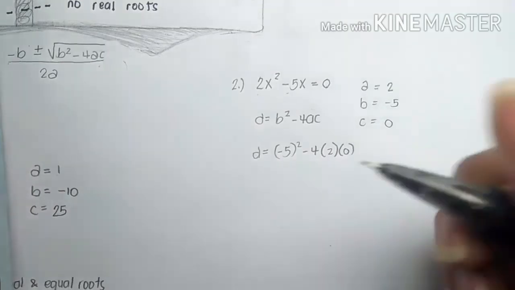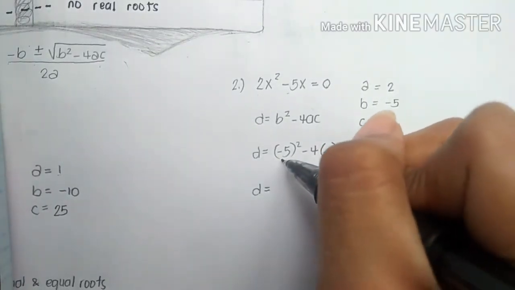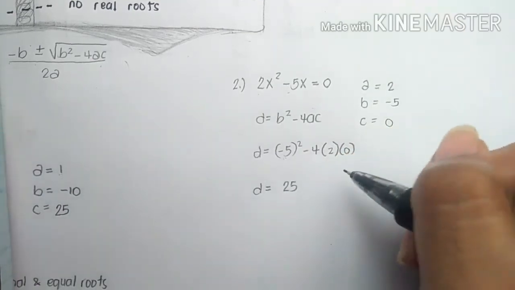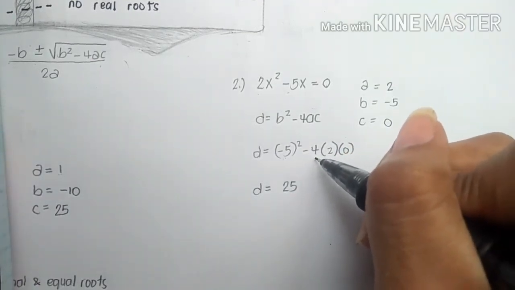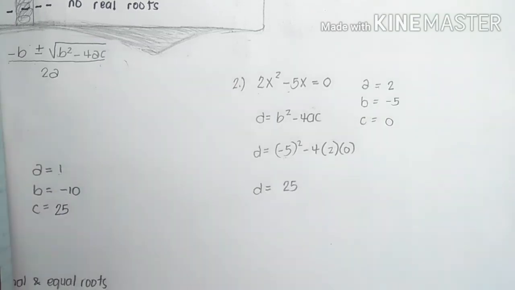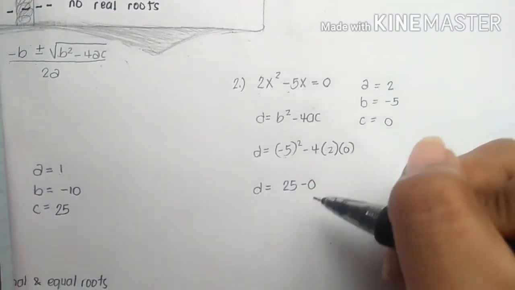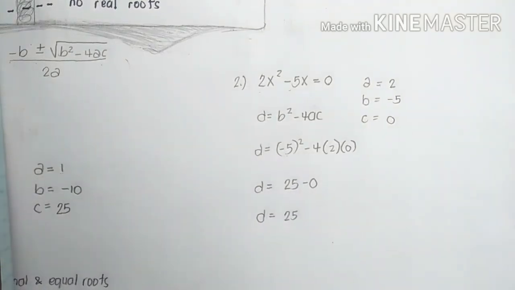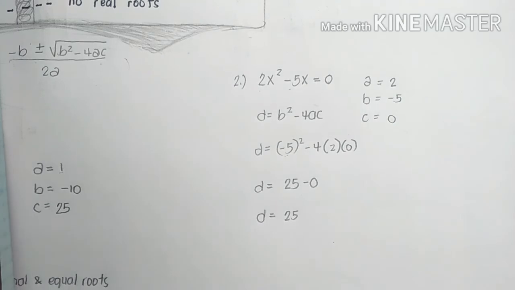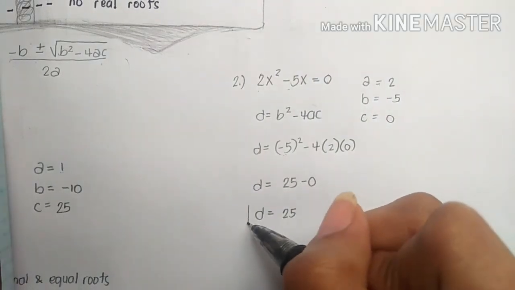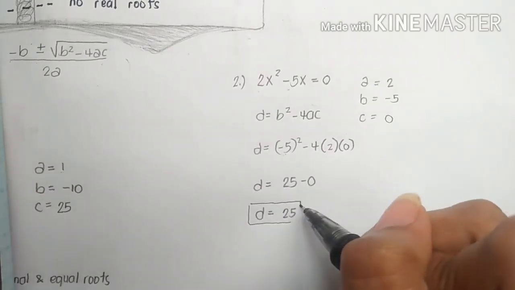What is our C? 0. So D: negative 5 times negative 5 is positive 25, minus 4 times 2 times 0, that's 8 times 0, so that's 0. So D is equal to 25. Is it greater than or less than 0? Obviously this is greater than 0.